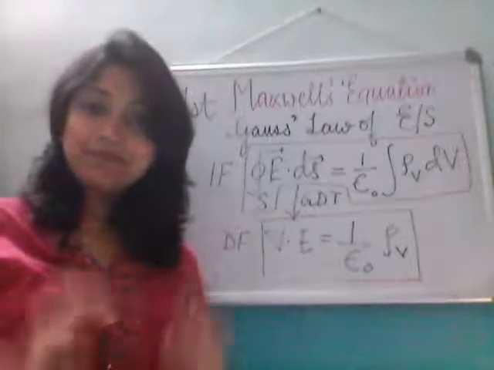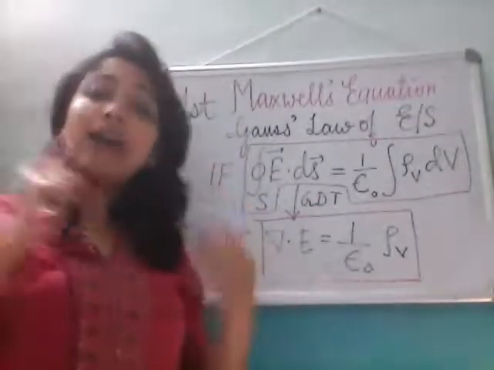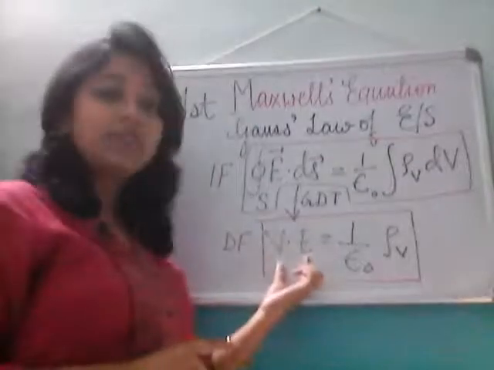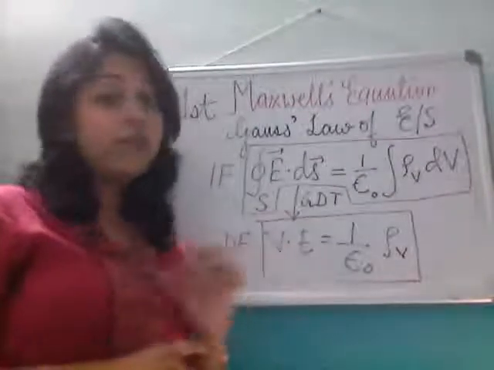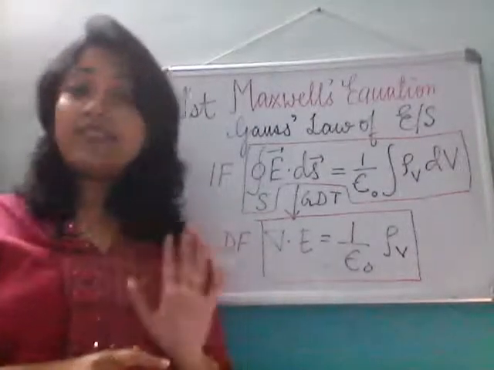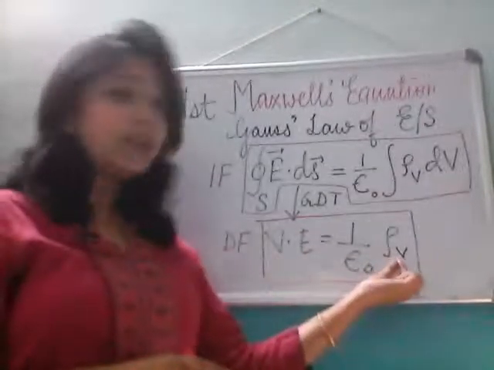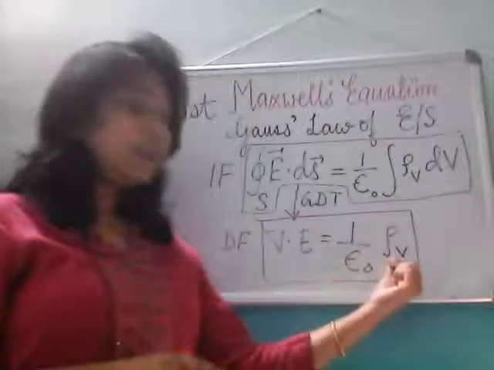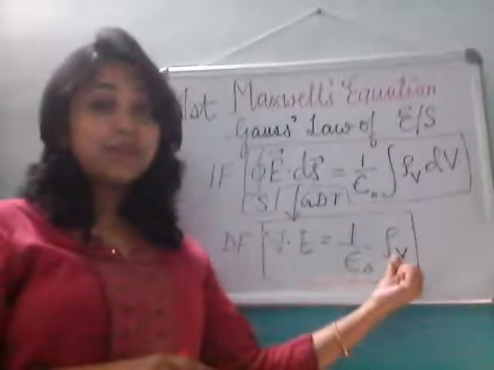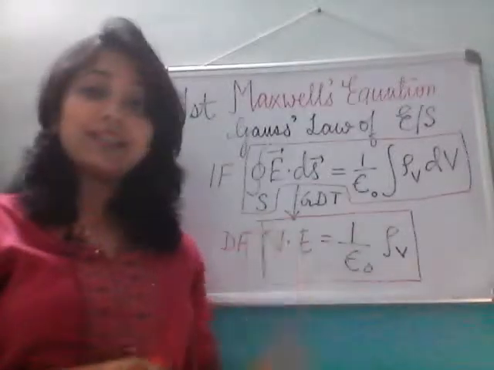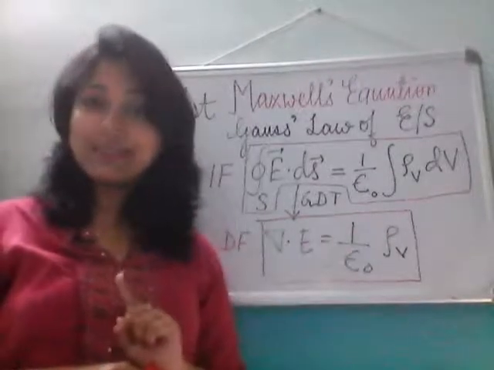Right? And apart from that, the last point which I would like to show you, that's divergence of E. Remember, divergence of any vector is a scalar quantity. So divergence of E has been equated to a constant into the charge density. So from here, I can also draw the inference that charge density is a scalar quantity, isn't it?